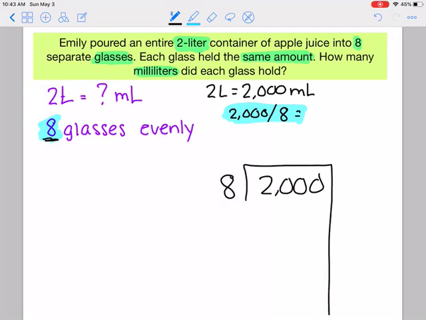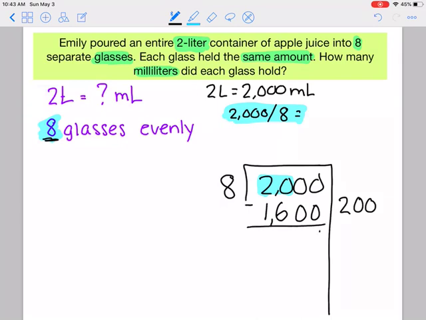So what is a multiple of 8 that would get us close to 2,000? So I'm actually just going to look at what would get us close to 20, which would be 8 times 2, which is 16. But remember, this isn't 20, it's 2,000. So you actually have to do 8 times 200 would be 1,600, which gets you pretty close.